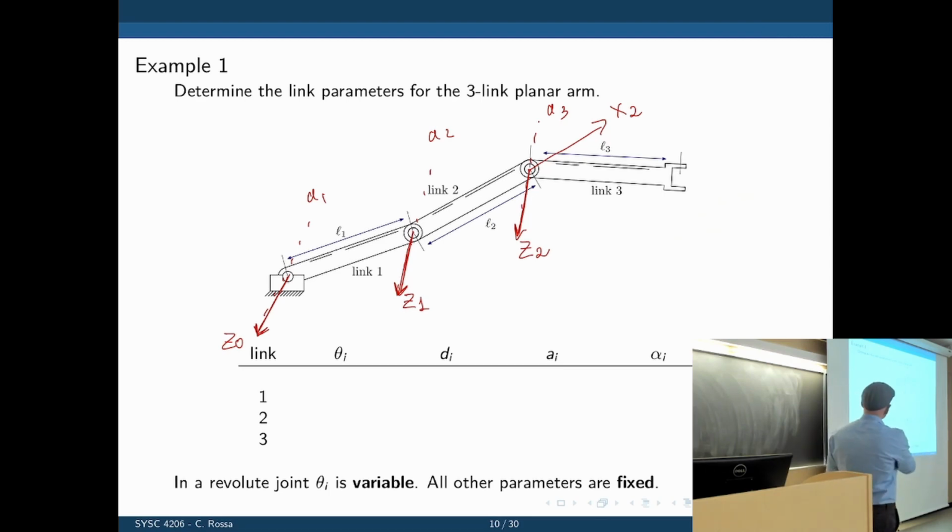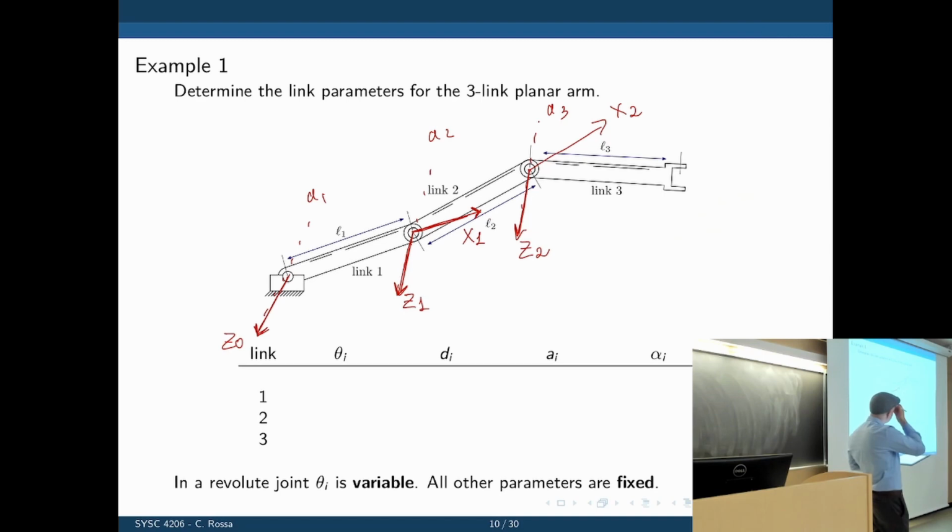And now that we have Z0 and Z1, we can find X1. Where is X1? Along link 1, because it has to be orthogonal to Z1 and Z0, on the plane formed by them. So it is like that.